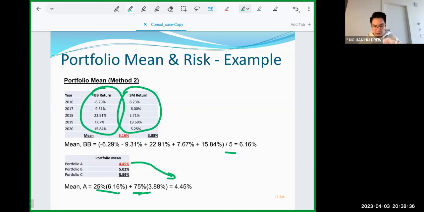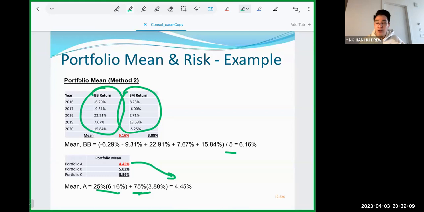The mean is still more or less quite intuitive, right? Can everyone see the difference between method 1 and method 2 for the mean? Method 2, we consider the average of BB and the average of SM. But for method 1, we were considering immediately the portfolio average for the individual years: portfolio average for 16, for 17, for 18.